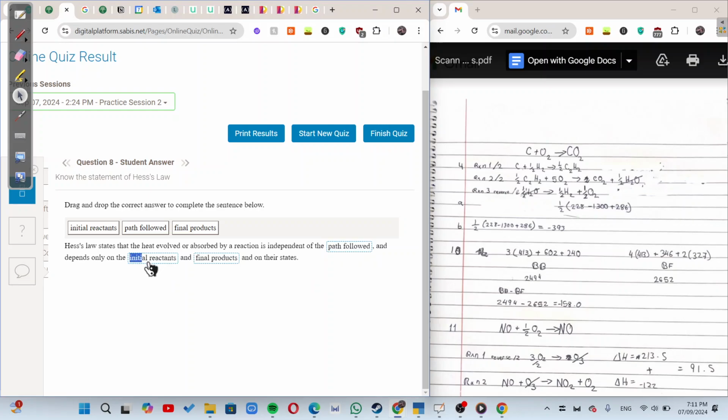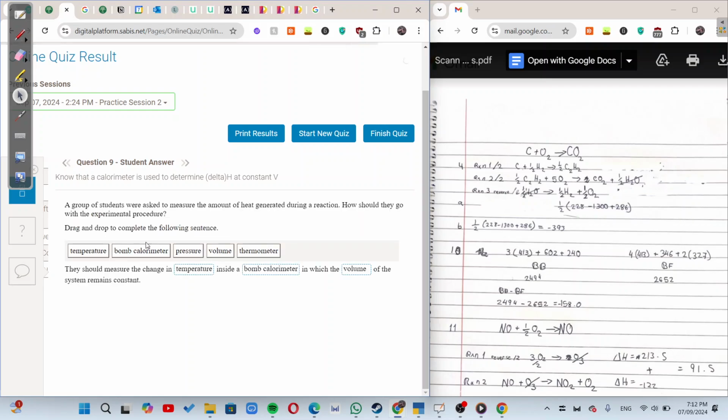It only depends on the initial reactants, the final products, and their states. Just memorize this, like I said, because it's a law. A group of students were asked to measure the amount of heat generated during a reaction. How should they go about the experimental procedure? They should measure the change in temperature inside a bomb calorimeter in which the volume of the system remains constant. Again, just memorize it.